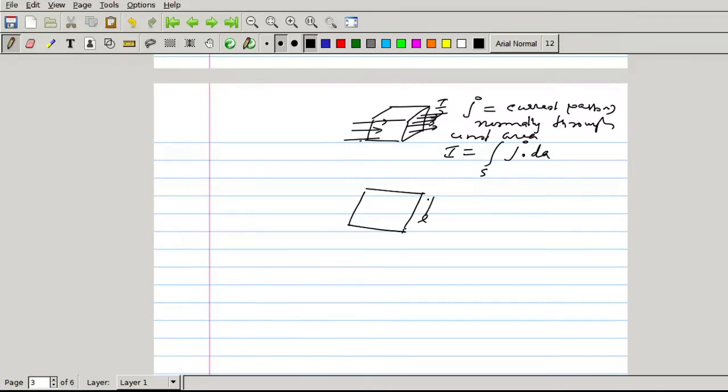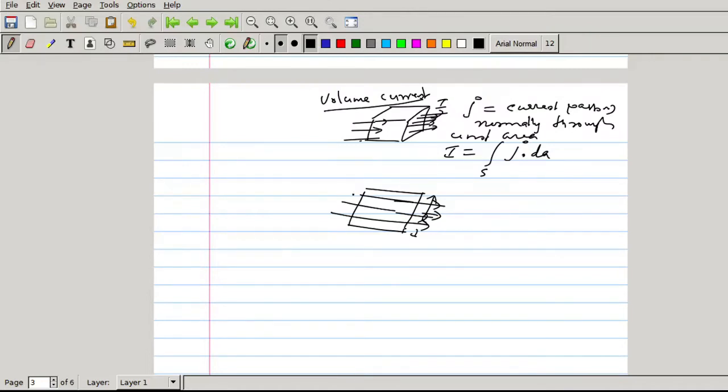This has length L, and current is passing through the surface like this. So we have a surface current, whereas here we have a volume current. When we have a volume current, we take the volume current density J, which is current per unit area, since the current passes through a given area A.